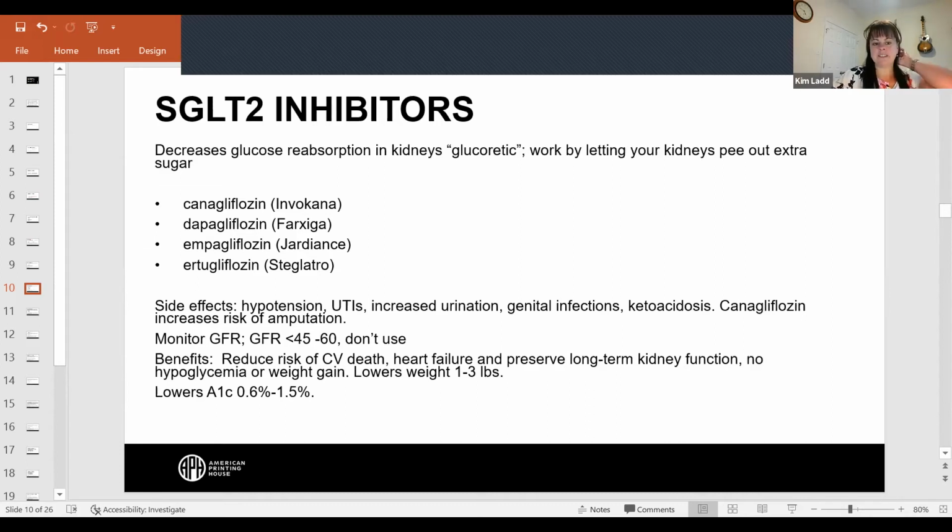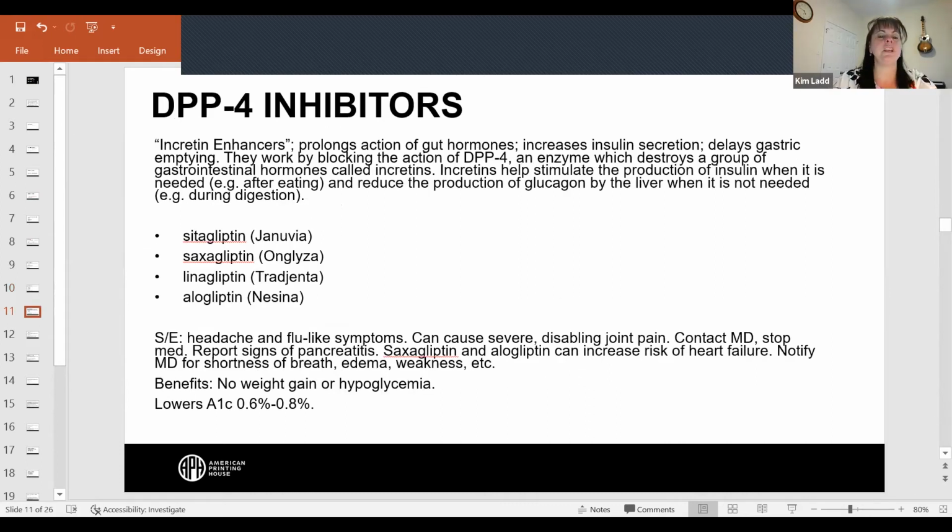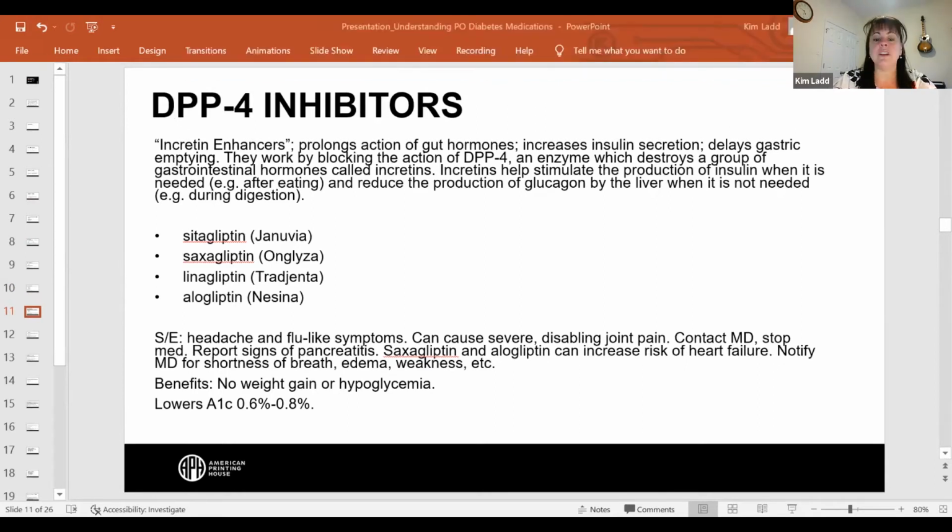All right, the next classification are DPP-4 inhibitors, and these are also known as incretin enhancers. These medications prolong the action of the hormones in your gut, which increases insulin secretion and delays gastric emptying.